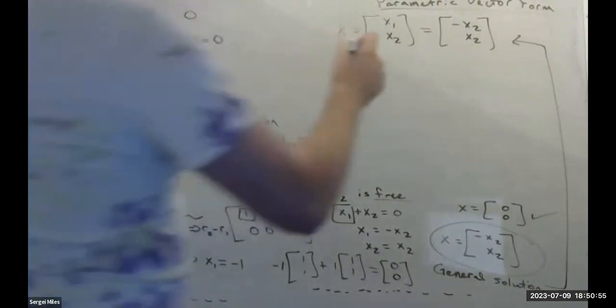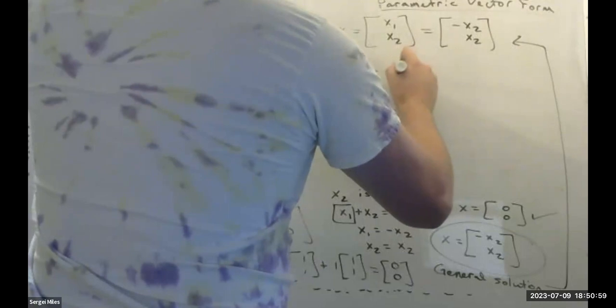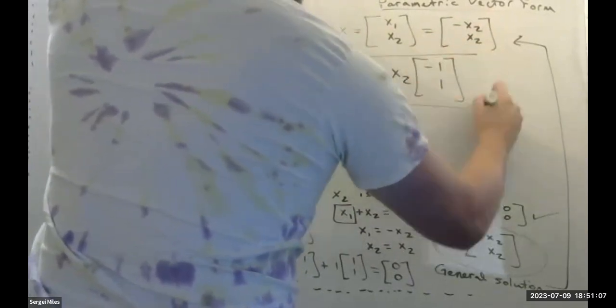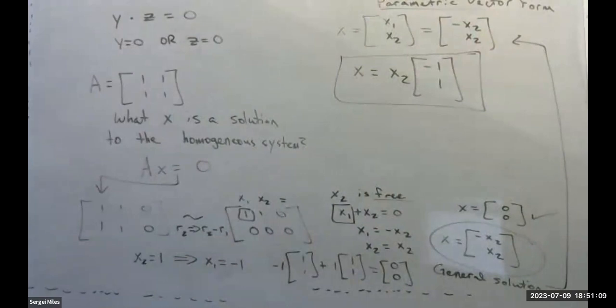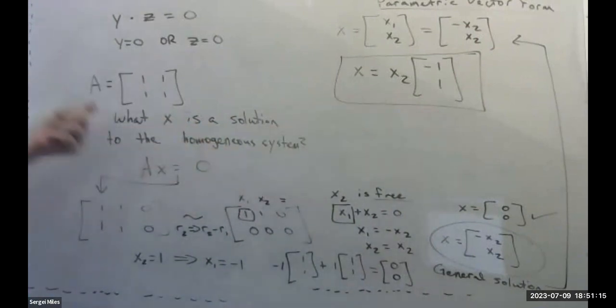Or in this case, my vector x, which is a solution, is, if I factor out x2 from this vector, any multiple of the vector -1, 1, right? So in fact, this is the parametric vector form for the solution of this homogeneous system, right?